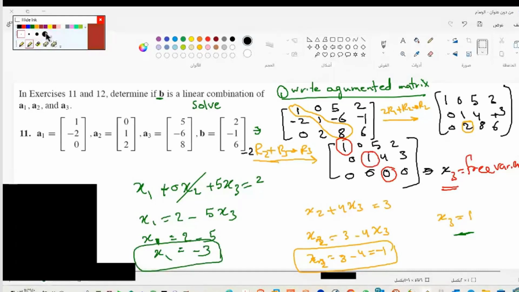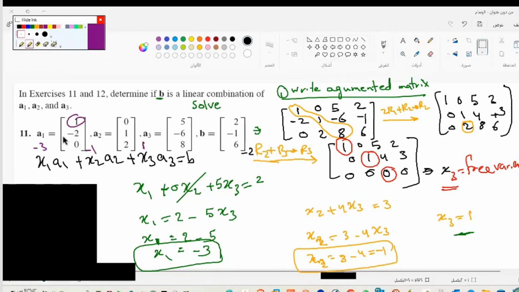Now let's take these values and put here. Linear combination, that means x1 a1 plus x2 a2 plus x3 a3 equal b. So here I will select x1, what is it? Minus 3. x2 is 2.